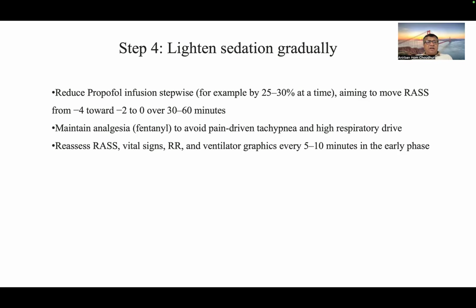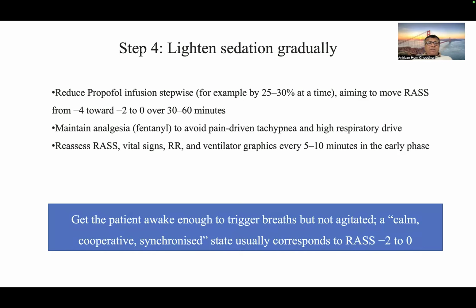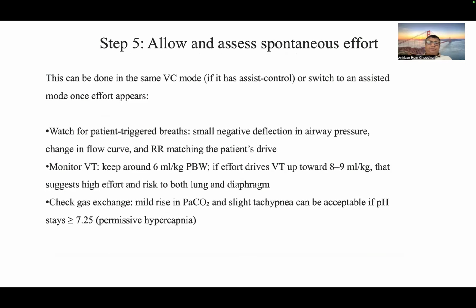And reassess RASS, the vital signs, the respiratory rate, and the ventilator graphics every 5 to 10 minutes, at least in the early phase. So get the patient awake enough to trigger breaths, but not agitated. A calm, cooperative, synchronized state usually corresponds to a RASS score between -2 and 0.